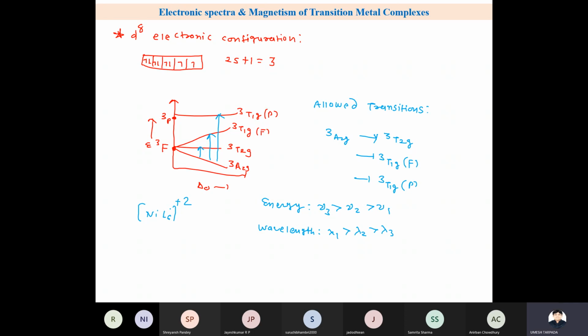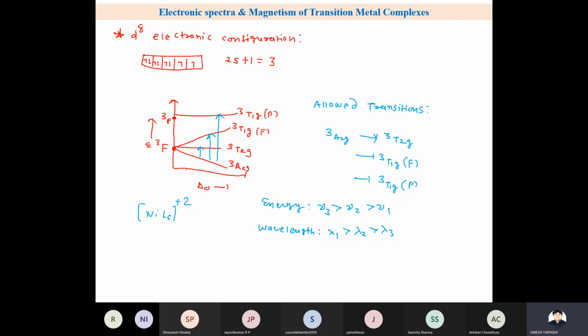So here, see, sometimes all these 3 transition values are given to you, but you can use only nu 1 for the D8 system in order to calculate 10 Dq. So you can see all 3 transition values are given, but you have to use only one, that is nu 1.